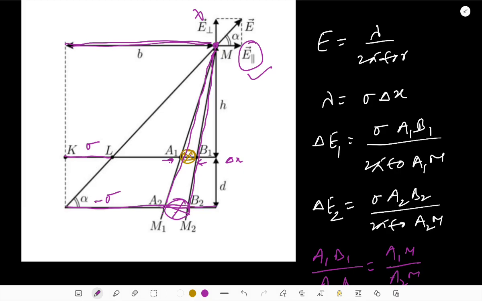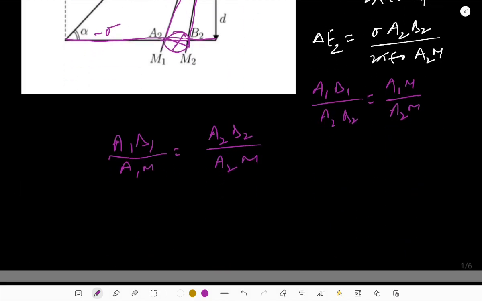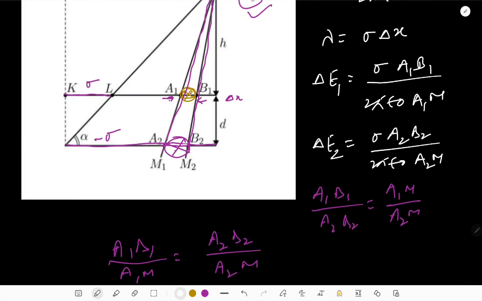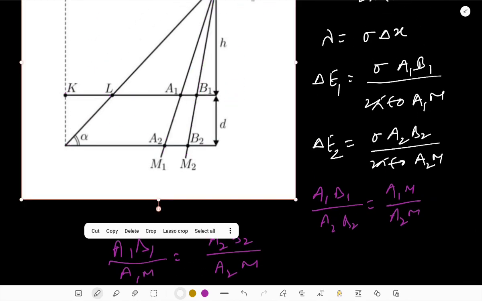And if you can convince yourself of this argument, you can write here that the electric field required here can be sigma delta x is KL right now. KL will be quite small, very small, because these two strips are infinitely long.